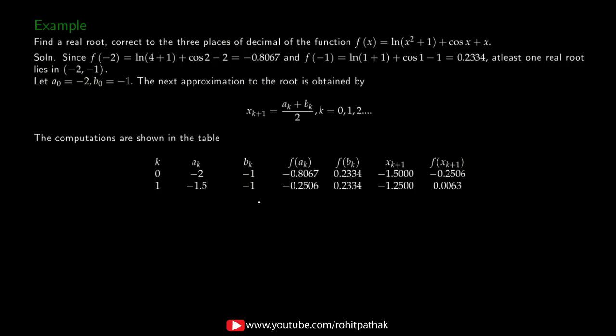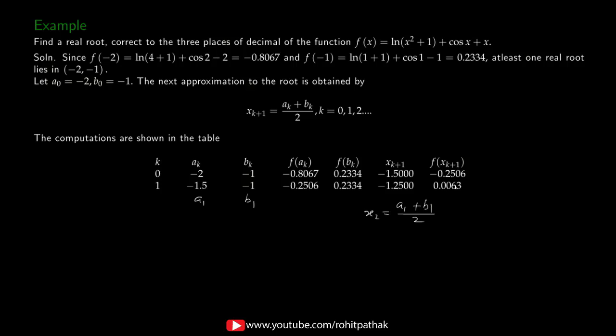The new interval is this, in which the root lies, the values of the function at these points, then x2. This x2 is obtained by (a1 + b1)/2, where these are a1 and b1, the new interval. So -1.25 is the new value, and this is the value at -1.25.